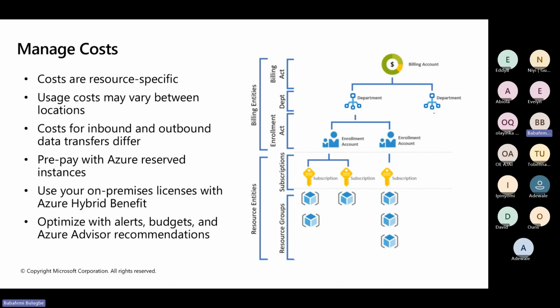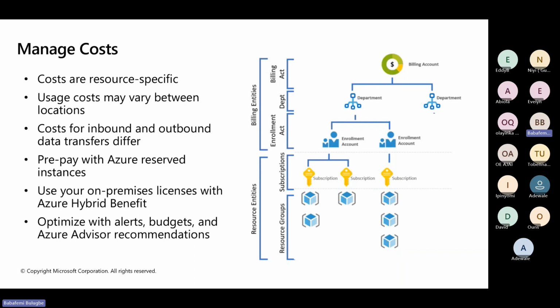Then we have what we call the hybrid benefit. Let's say we want to move to the cloud, and the operating system on our servers is Windows, Windows 2016, Windows 2012, and the like, whatever Windows we are using. When we move to the cloud, are you saying we need to start buying the operating system again?